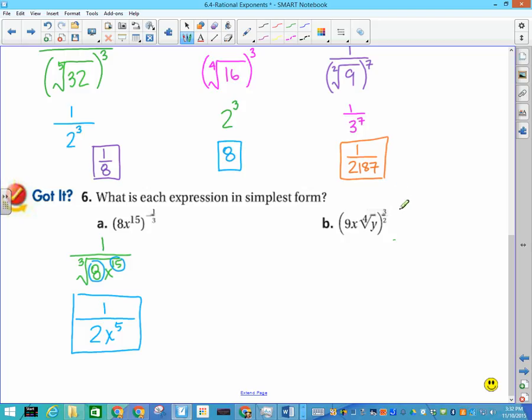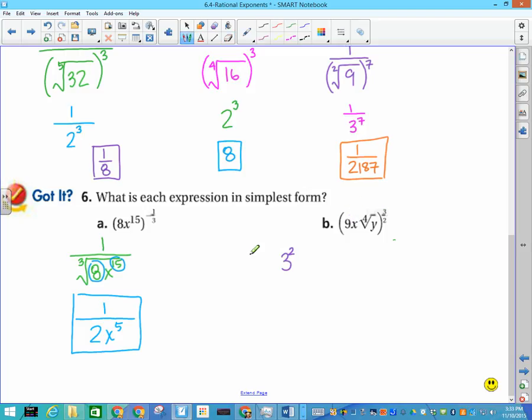I have 9x to the 3 halves. Okay, so, well, we can go ahead and do this. Let's go ahead and write 9 as 3 squared because I'm going to take 3 halves to this. We'll do this first. We're going to rewrite it.